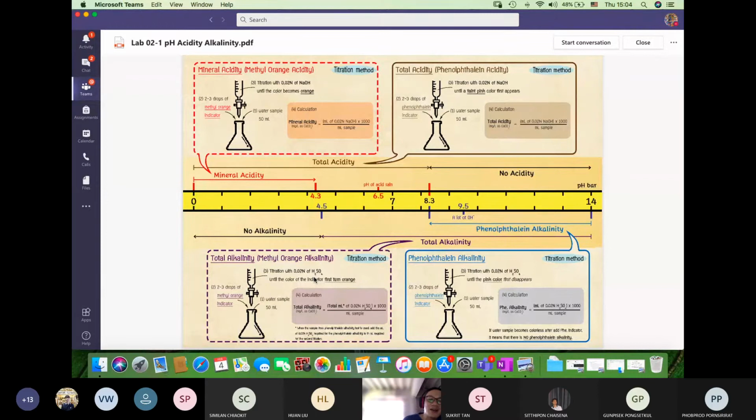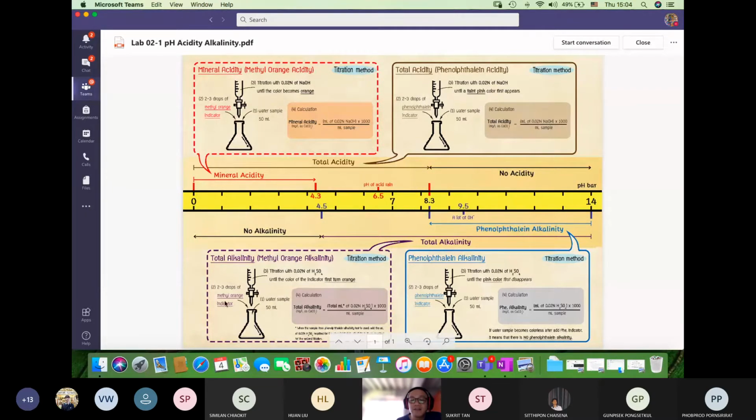For the total alkalinity, you use methyl orange as the indicator. Prepare a 50 ml sample and add a few drops of methyl orange indicator. Once everything is ready, titrate against the acid, and then record the volume used.